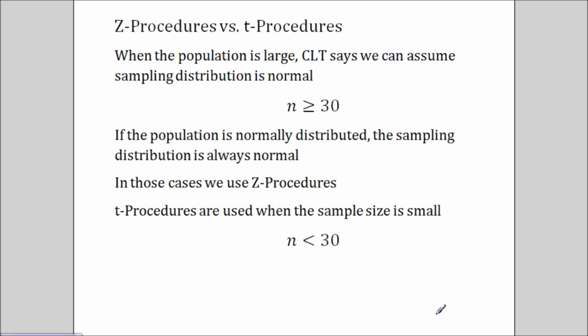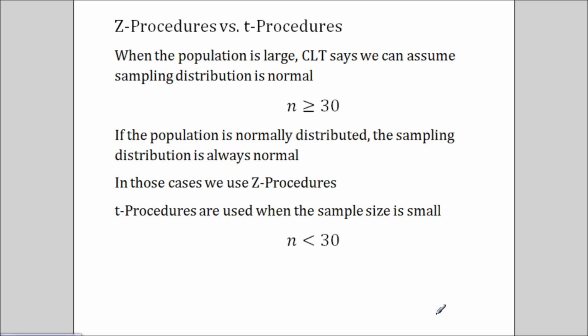Now, we have two specific types for confidence intervals and test statistics. We have what are called Z procedures and T procedures. Z procedures use the standard normal table. That's when we know we have a normal distribution. So if we are pulling a sample from a population we know is normally distributed, which is rare, but it can happen, then we always use Z procedures.